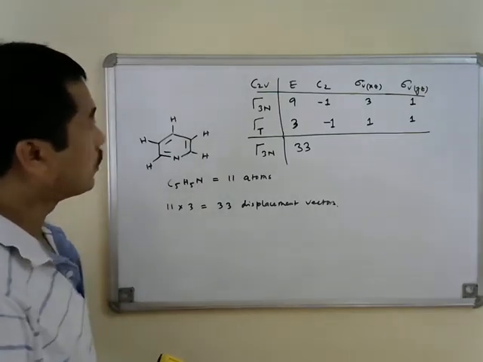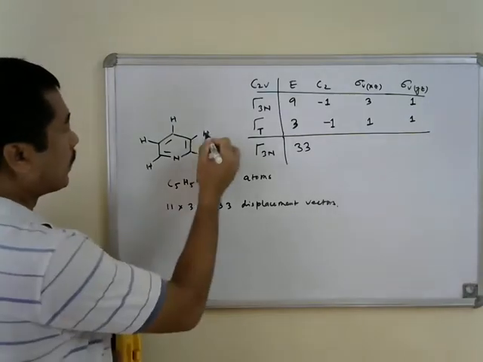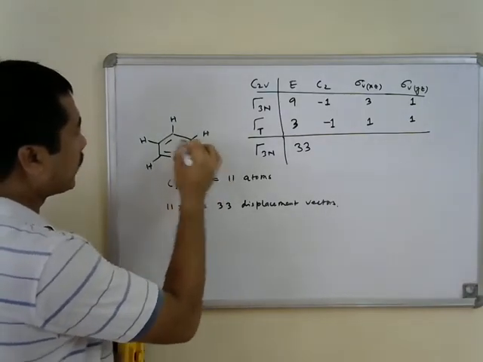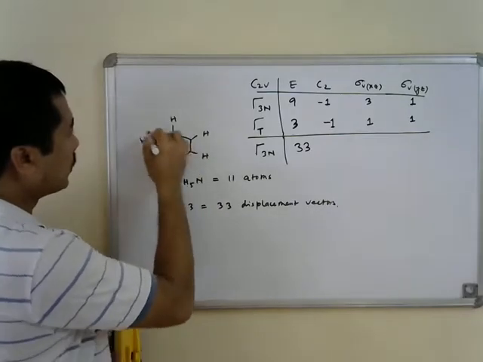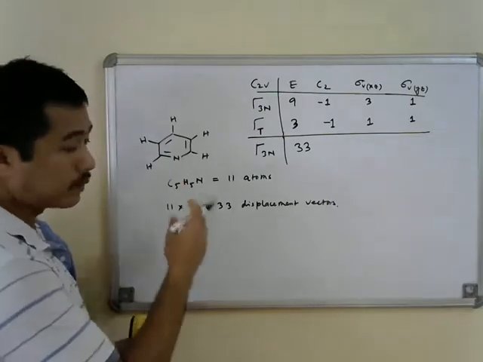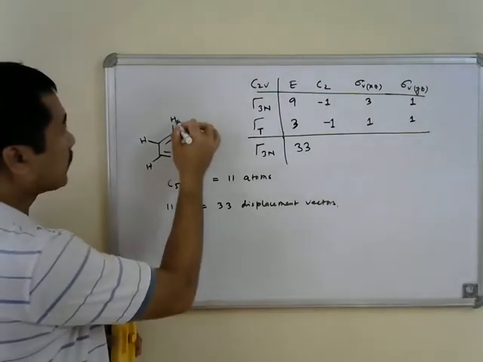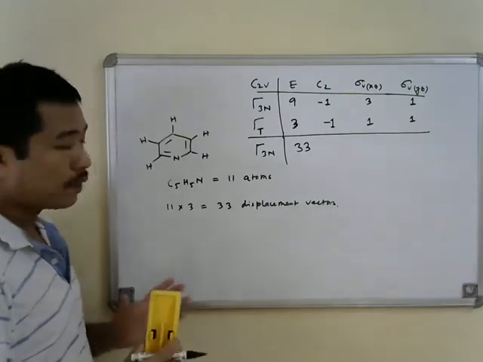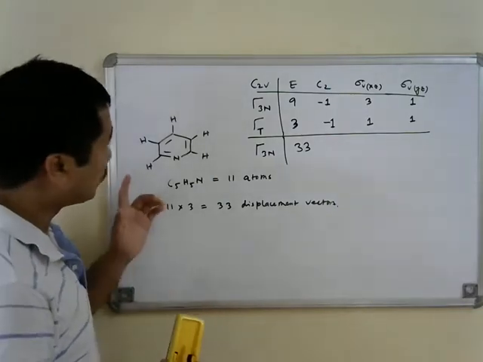When we do the C2 operation, we see that all the carbon atoms and hydrogen atoms on these 4 carbon and hydrogen positions are going to change position, and only this hydrogen atom, this carbon atom, and the nitrogen atom over here do not change position when we do the C2 operation.